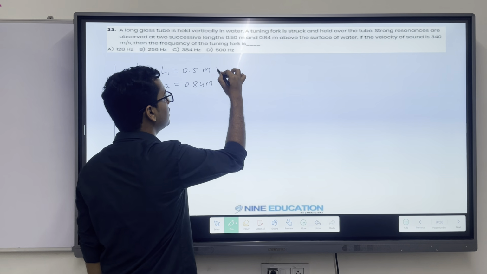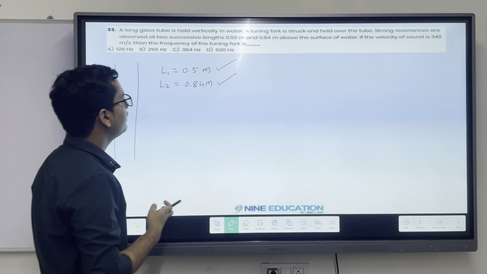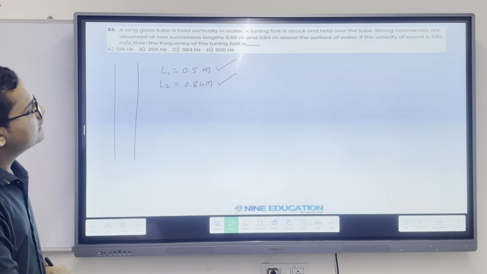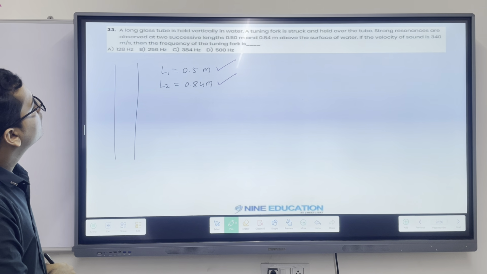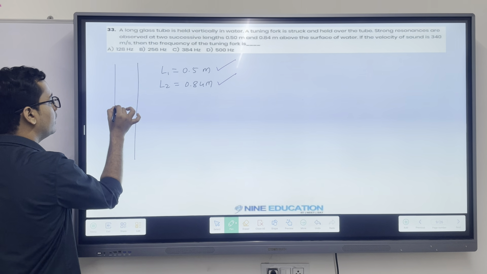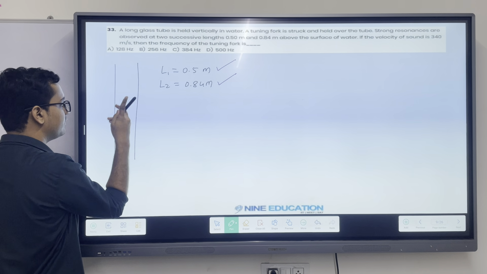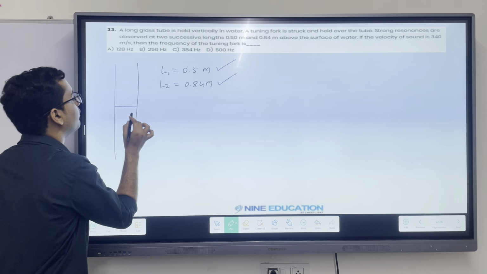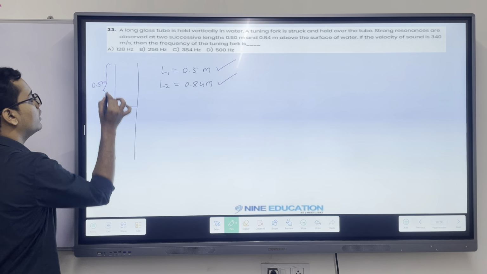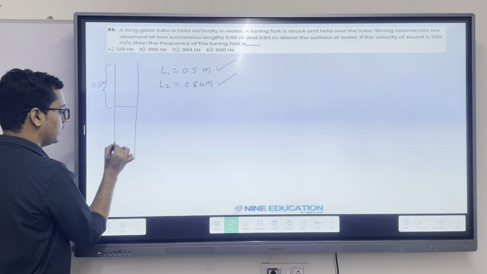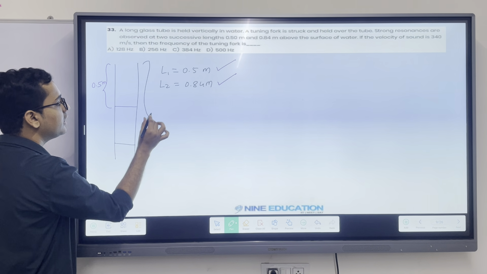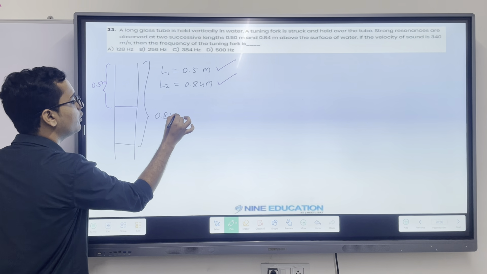So if strong resonance is being found at these two lengths, and what are these lengths? These are the lengths above the surface of the water. So let's say one time the surface of the water was over here, and I will say this length is 0.5 meters. The other time the surface of the water was over here, and this particular length is 0.84 meters.